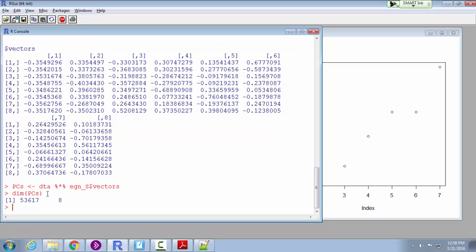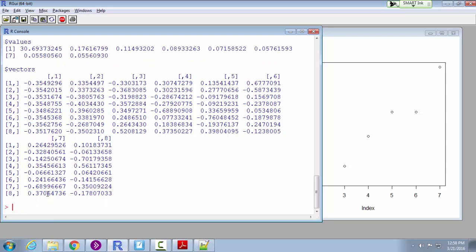I have 8 columns here, and I only want the first 2. Each column is a principal component. The first principal component is in the first column. Here's the output from the eigen decomposition of the covariance matrix. What is the variance of the first column of these PCs? What is the variance of the first principal component? It's on the screen.